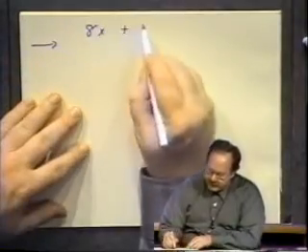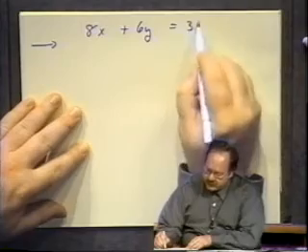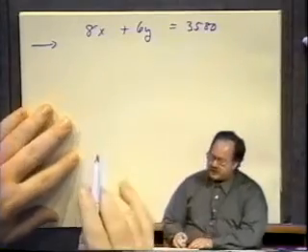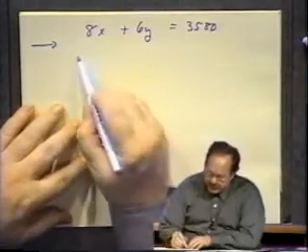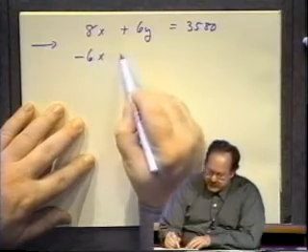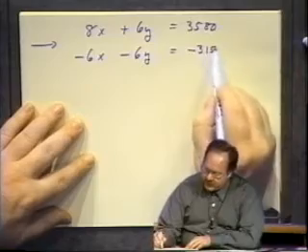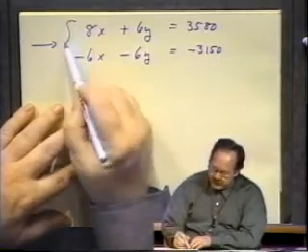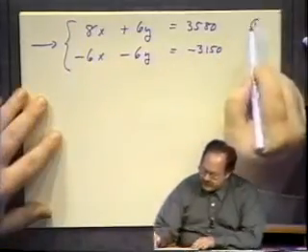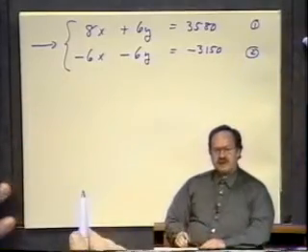So rewriting what I've got now, I have 8x plus 6y equals 3580. That's the first equation unchanged. The second one multiplied by minus 6 is now minus 6x minus 6y equals minus 3150 if you multiply that 6 by the 525. This is now my 1 and my 2 equations.